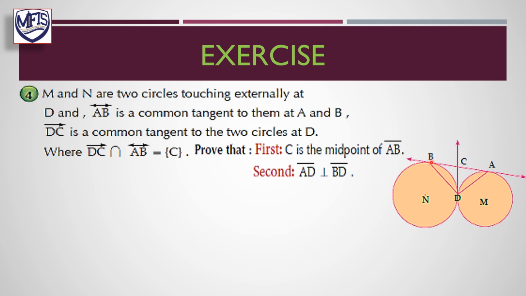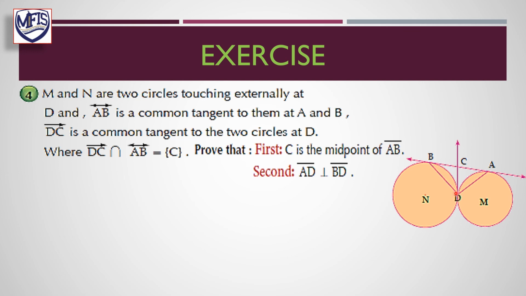How? Look at point C. Point C is outside circle M. Then the length of CA equals the length of CD. Why? Because the two lines AC and CD are two tangents of circle M. Then AC equals CD.